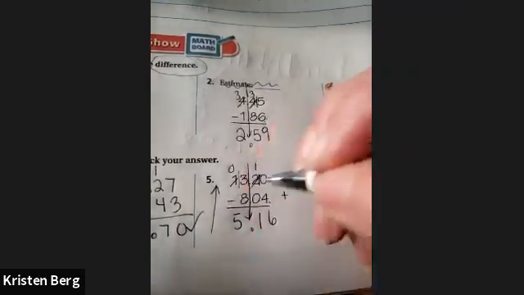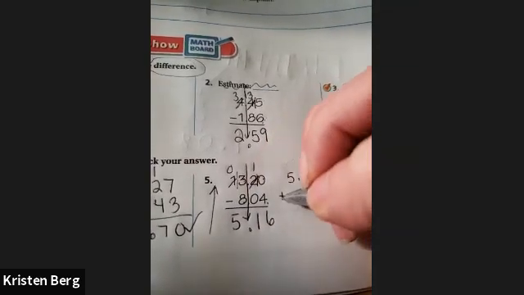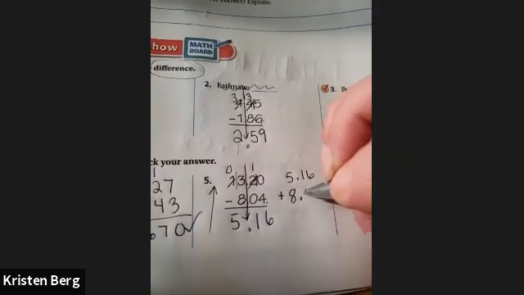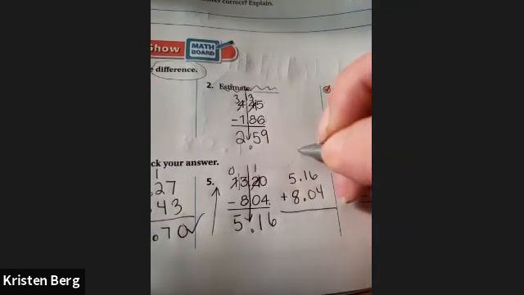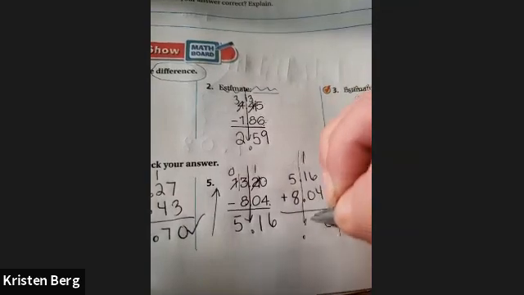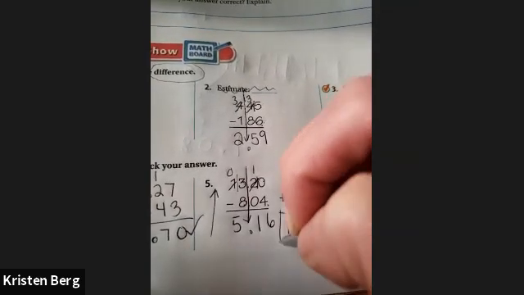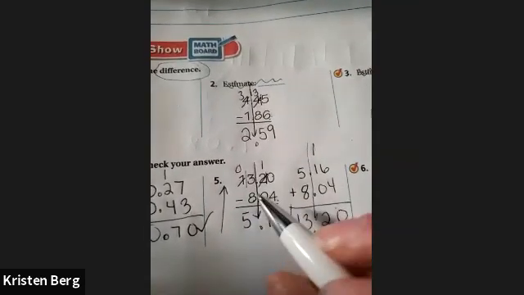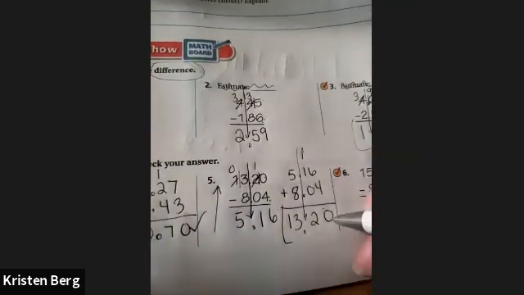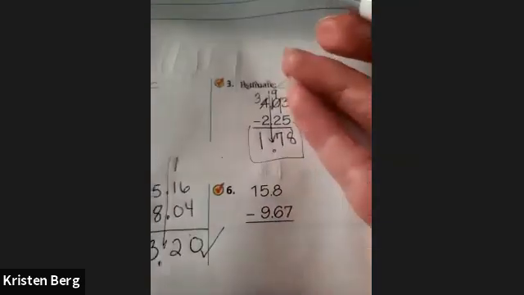Then instead of the subtraction, it would be the opposite, which is addition. And then make sure you line up your decimals still. So then bring down your decimal. That would be a 10, carry your 1. That would be a 2. 8 plus 5 is 13. So 13 and 20 hundredths, yes, that is true. So therefore, we're going to check that one off. It is the correct thing.